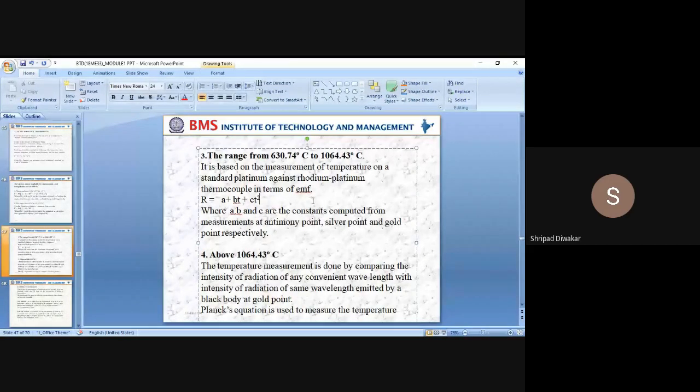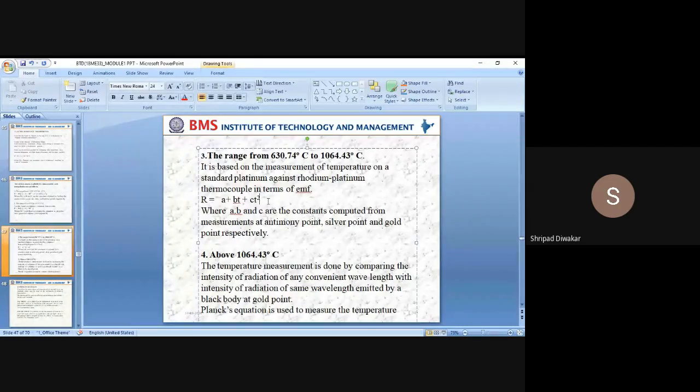Below 630 degrees Celsius, we go for different types of thermometers. For above 630.74 degrees Celsius, we are going to use the thermocouple. In the thermocouple, EMF, electromotive force, is the thermometric property. As we discussed in the previous class, thermometric property is the property which changes as the temperature of the system changes.